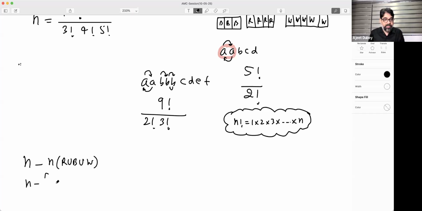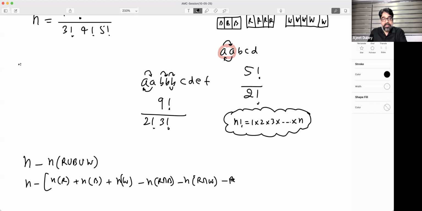So n minus n of R plus n of B plus n of W, not plus, sorry, minus n of R intersection B, minus n of R intersection W, minus n of B intersection W, plus n of R intersection B intersection W. Please check it carefully.